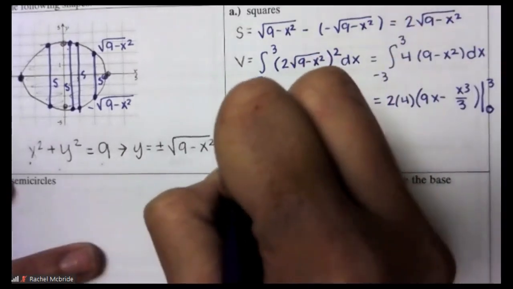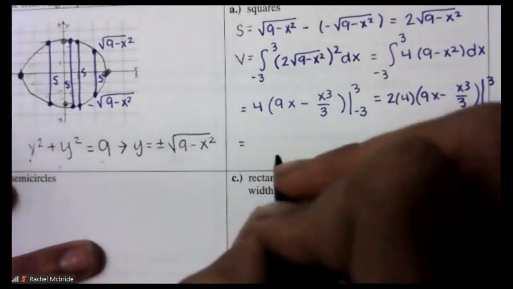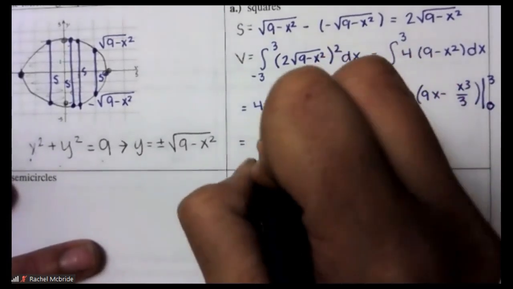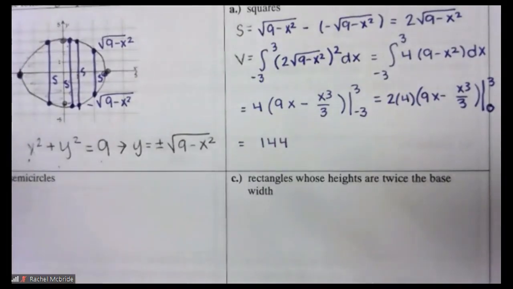Then you would plug all of that in, and you should get a final answer of 144. Just because I was running out of space, I'm not going to show you the plugging in.